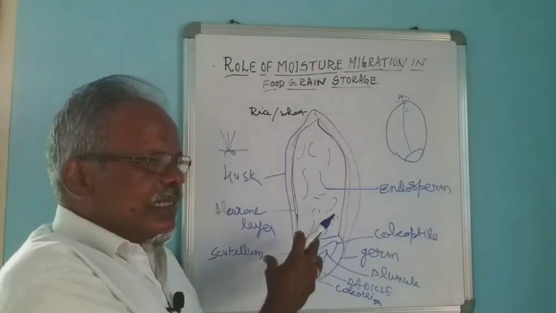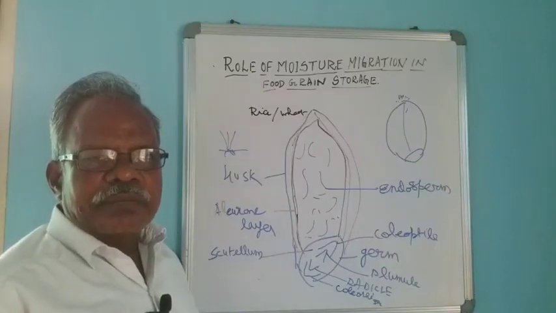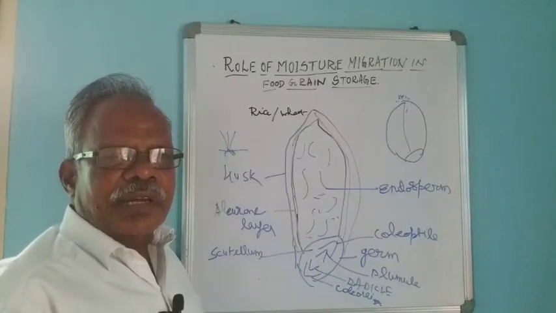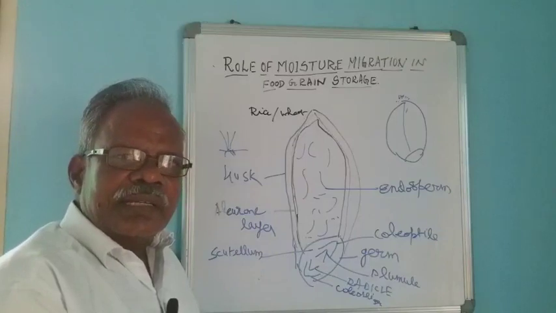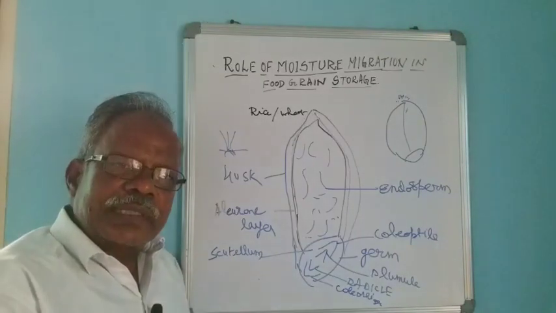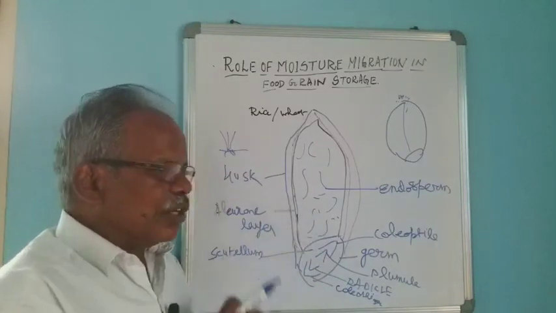Endosperm is the substance which supplies food for the young plant, and then it dries away after the embryo develops and can nurture itself. That is the function of the endosperm.